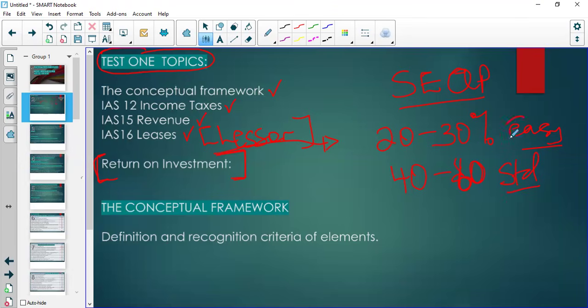When I say easy, I mean if you take somebody from second level, they might be able to get 20% because they can calculate depreciation, they can calculate a few items and then get stuck. But at your level, you learn new things at your standards. So you'd expect 40 to 60% of things at your standard, which are not difficult, but at your level.